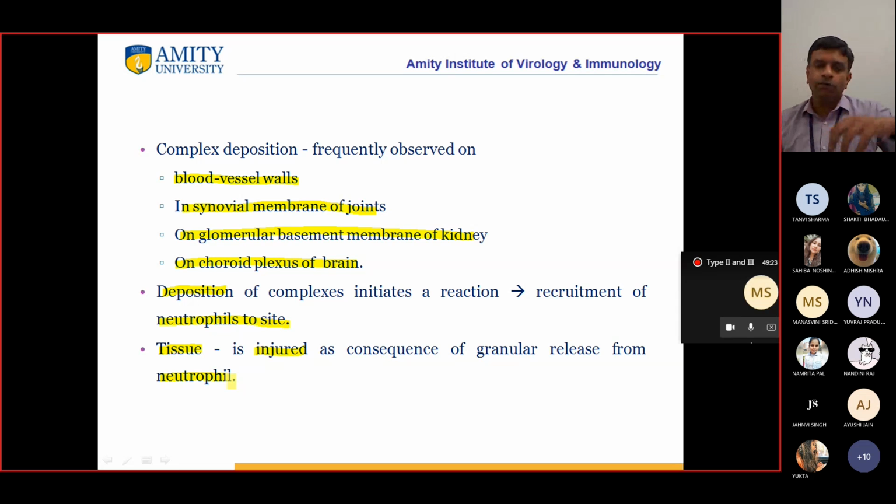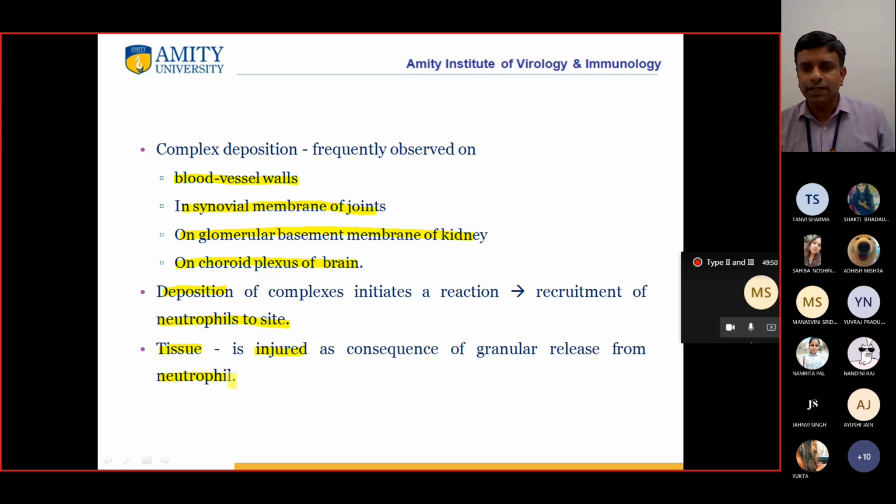So अब क्या होता है, neutrophils वहां पहुंच जाते हैं, neutrophils try to capture these antigen antibody complexes, और उसको कैच करने के चक्कर में they release a lot of granular content, and that granular content will cause tissue damage in that area. Okay, so this is the whole idea of type 3 hypersensitivity reaction, right?